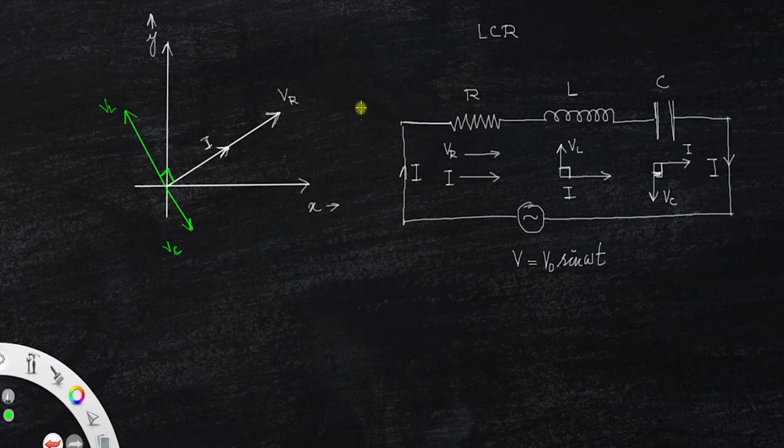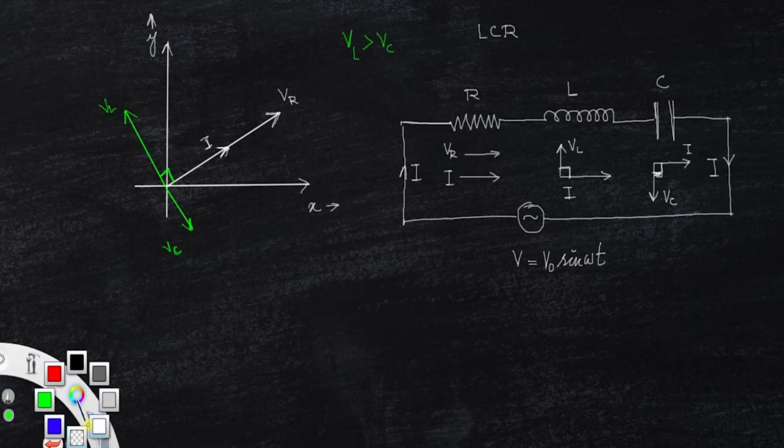Now let us consider we have voltage across the inductor greater than voltage across the capacitor. This may be VC greater than VL, but now let us consider VL greater than VC. We can discuss the other case also later. So here VL is greater than VC, so we'll have a greater magnitude, that is, the length of VL is greater than VC.